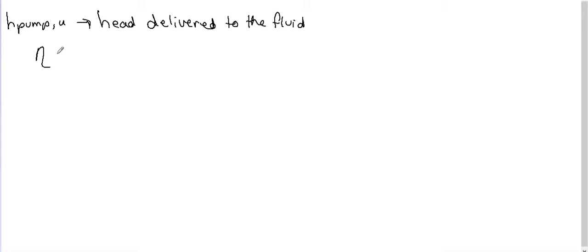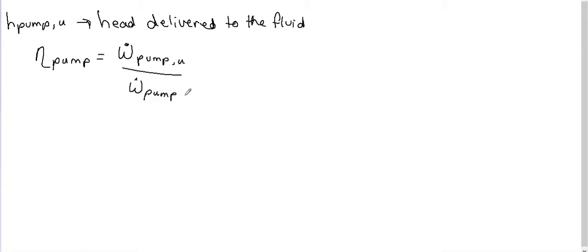We have something that's called eta. It's the Greek letter eta, which is the efficiency factor. And so we always have something that is defining how efficient the pump actually is. So the efficiency of a pump is going to be equal to the power. So we're going to have here a W with a dot on top to denote power. So the power of the pump, the useful power of the pump, so that's what that U is for down there, divided by the actual power of the pump.